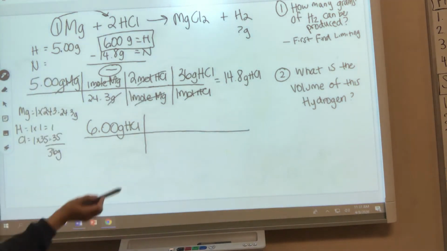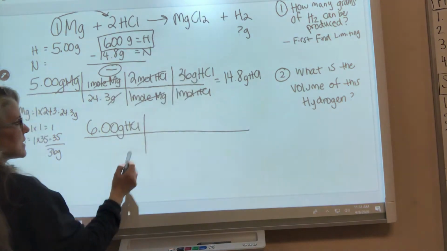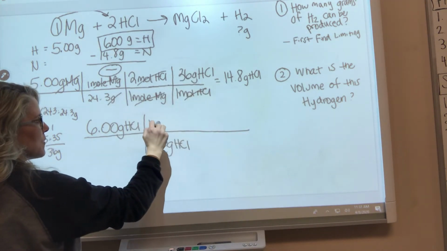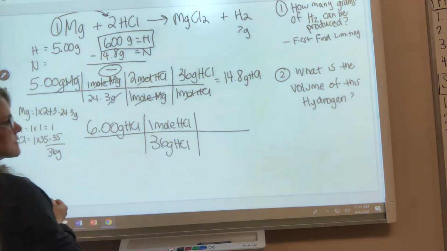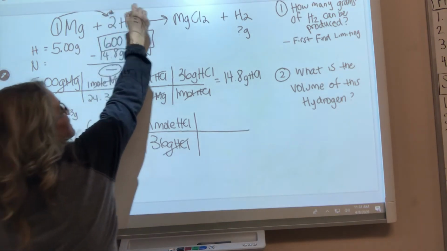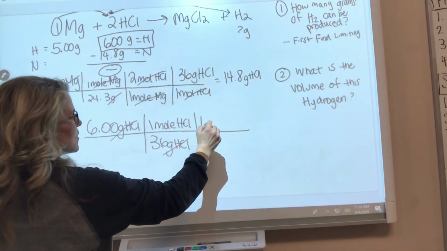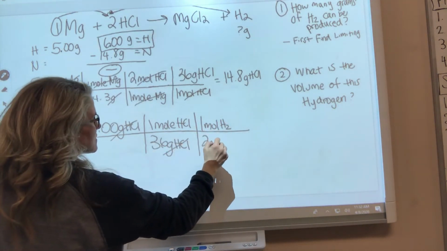And remember, I can't do a mole to mole yet because I'm not in moles. So I have to figure out the mass. Well, sweet, I already did that right there. There's 36 grams of HCl per mole of HCl. Now I'm in moles, so I can go from here to here. 1 mole of hydrogen per 2 moles of HCl.